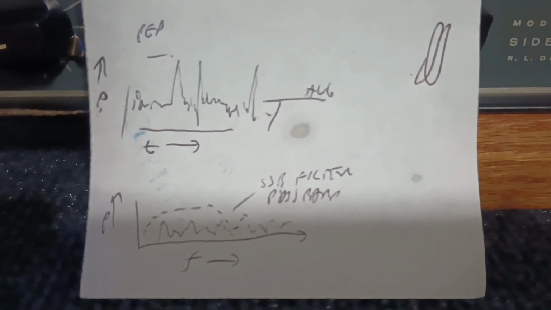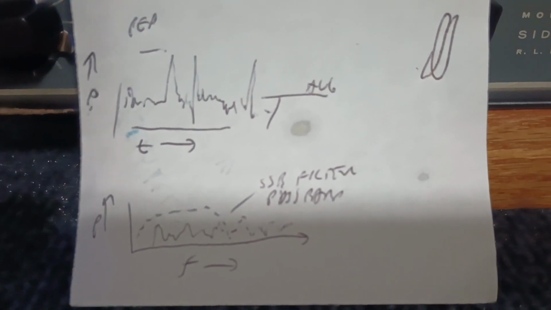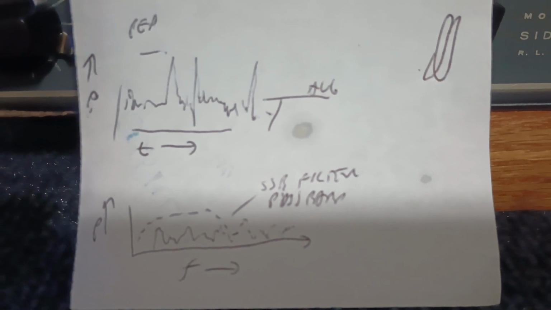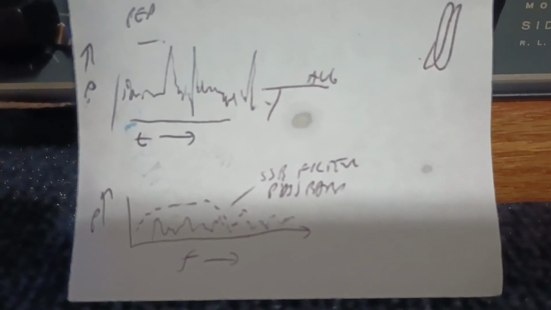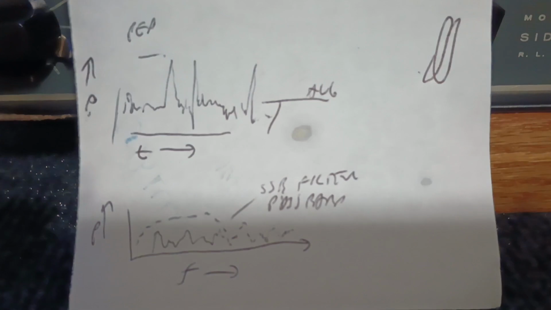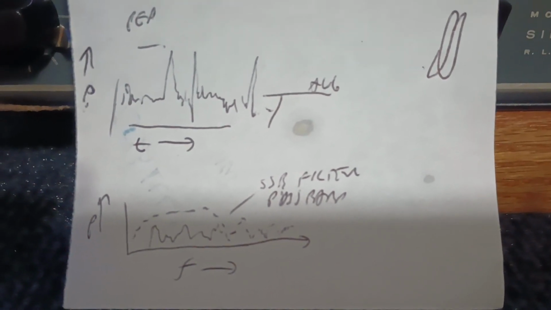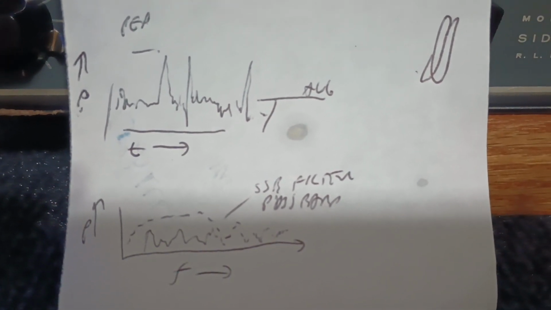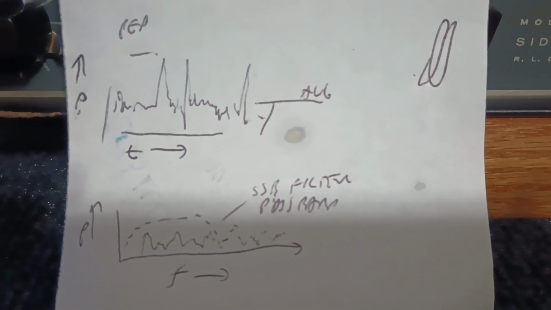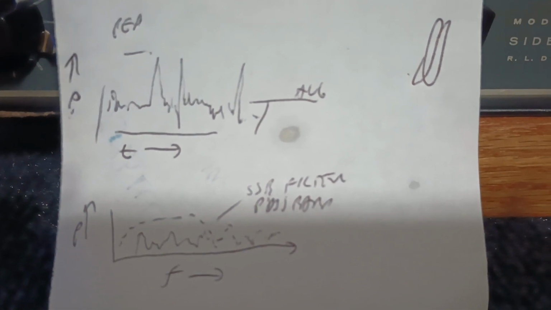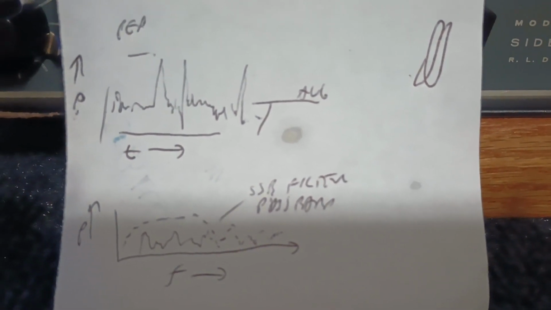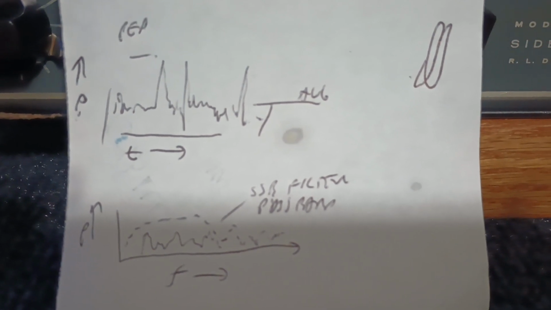So how to find a simple way to add some kind of speech processing? Well, top graph, a graph of power versus time. FCC requires us to reckon power as peak envelope power, peak to peak. Those sharp spikes are voice peaks from plosive letters and breath and such.